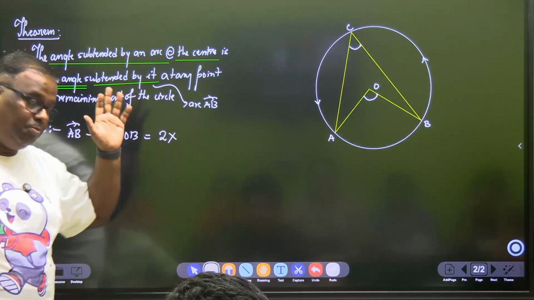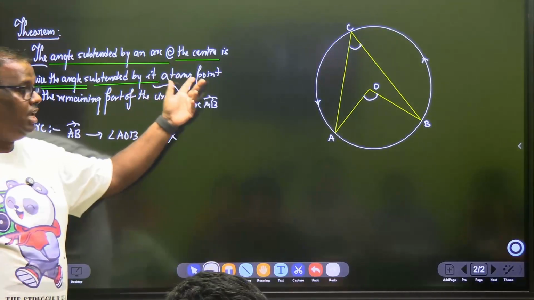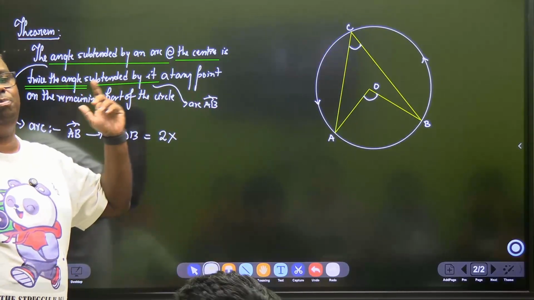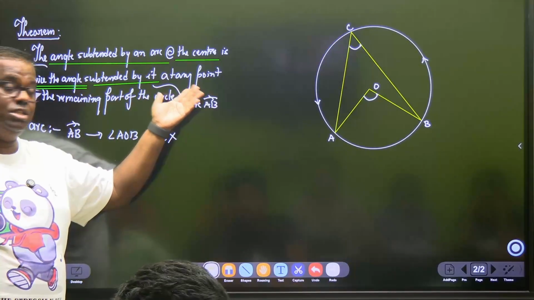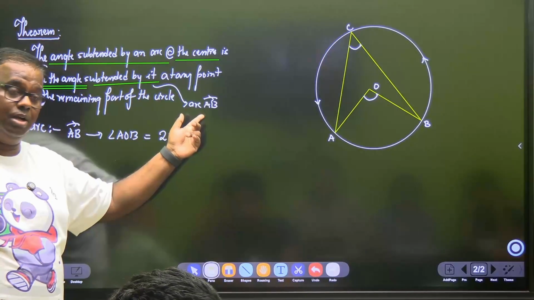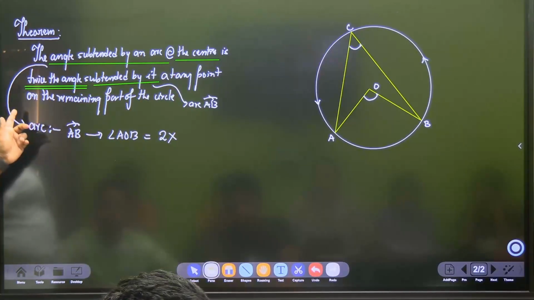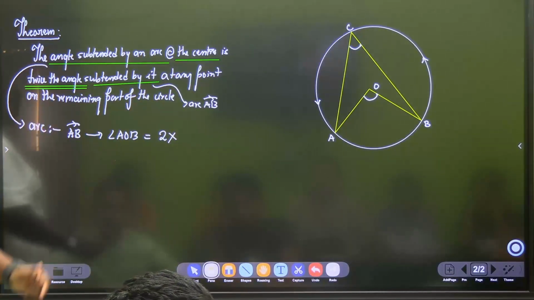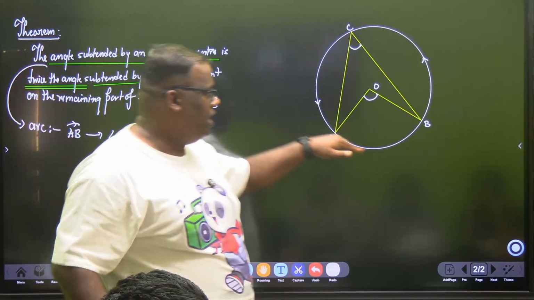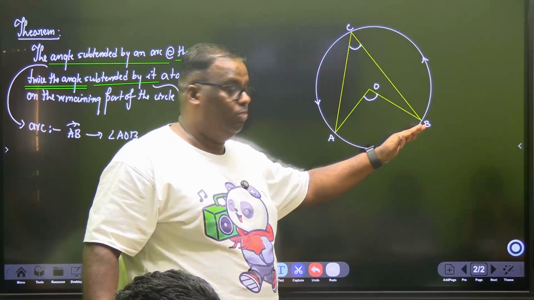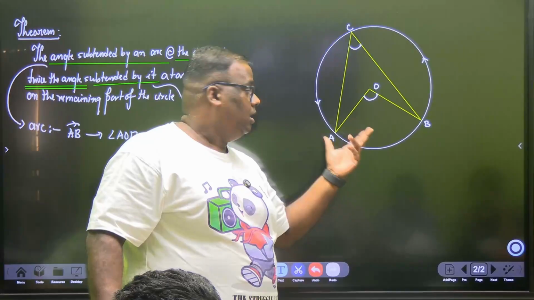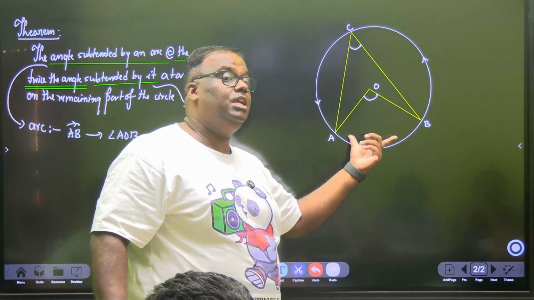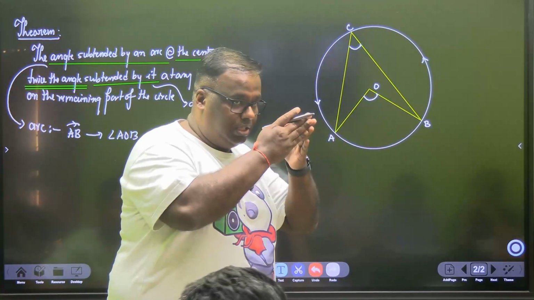Now pay attention to the board. At any point subtended by it, it means the same arc at any point on the remaining part of the circle. So if AB portion is the arc of the circle, what is the remaining portion? The major arc BA.